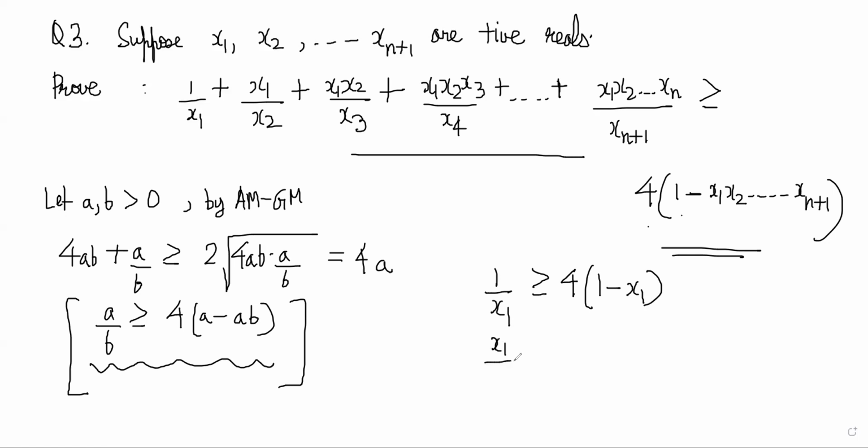Similarly, x1 by x2 will be greater than 4 times, a is x1 and b is x2, so x1 minus ab, so it is x1 x2, right?